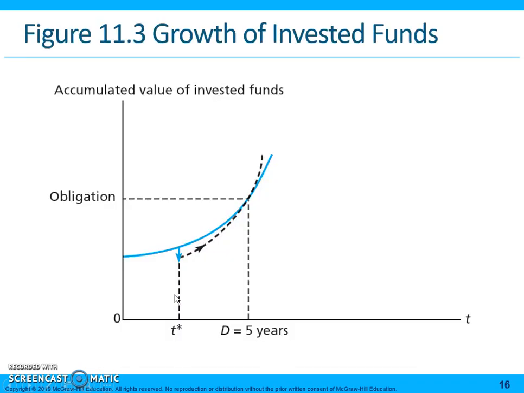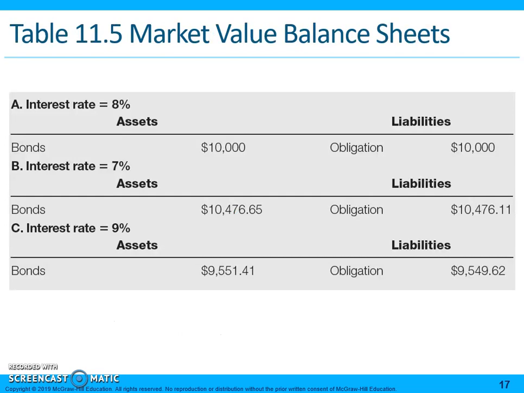So on the next page, we look at the balance sheet for each of the scenarios A, B, and C. So if interest rates are 8%, our assets, our bonds are worth $10,000, and then our liabilities are worth $10,000.